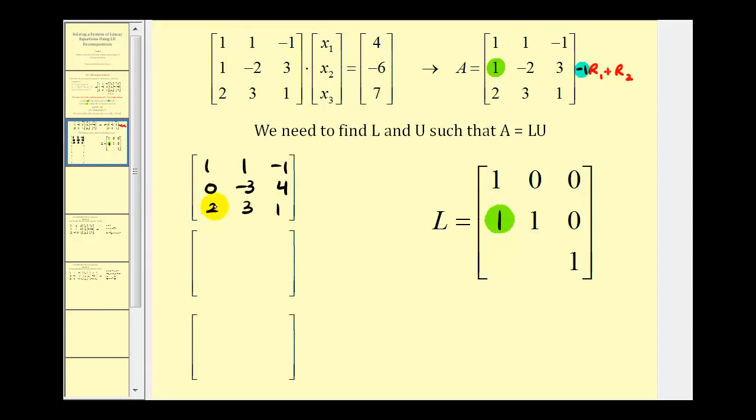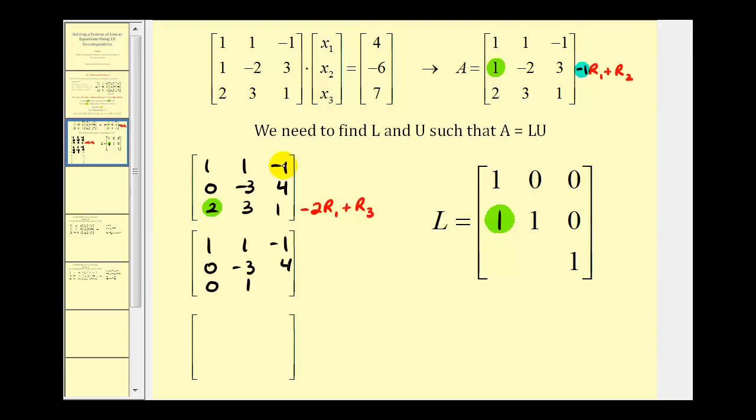Now let's obtain a 0 in this position here, or row 3, column 1. We can replace row 3 with -2 times row 1 plus row 3 to obtain a 0 here. Again, notice the first two rows would stay the same. So we have -2 times 1 plus 2 is 0. -2 times 1 plus 3 is +1.